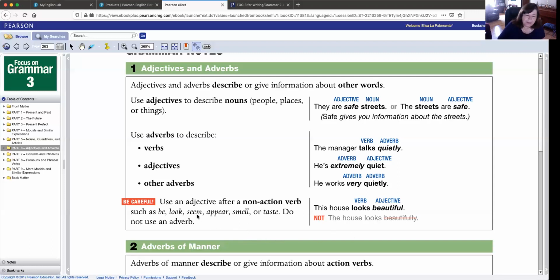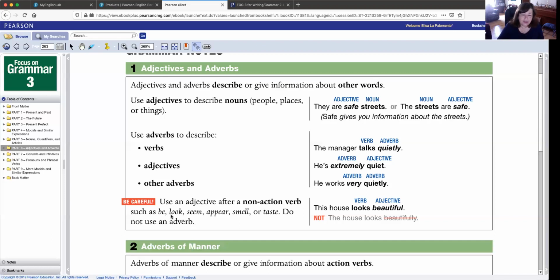And I remember explaining this to you in class once. So for example, we have the word look. If we said, look outside, there is a beautiful bird on the tree. In that case, the word look is an action verb, okay?